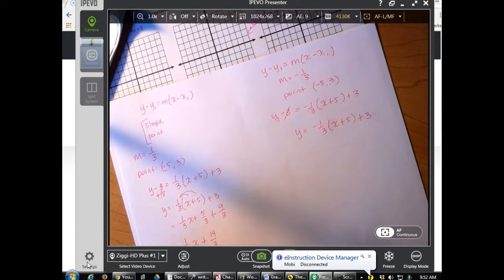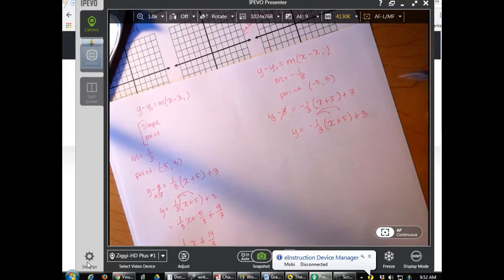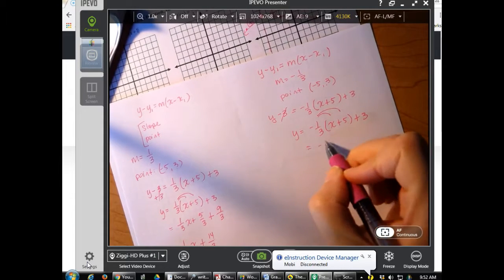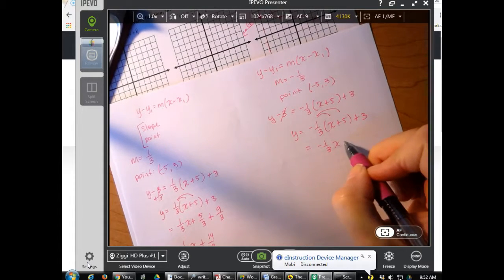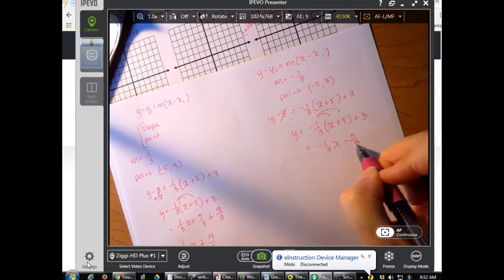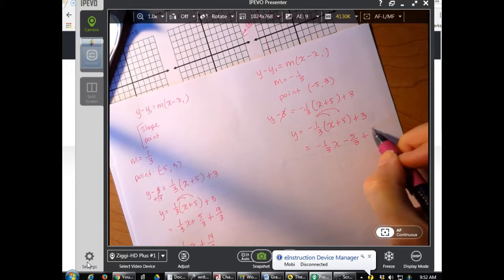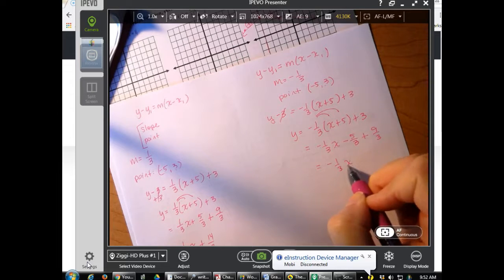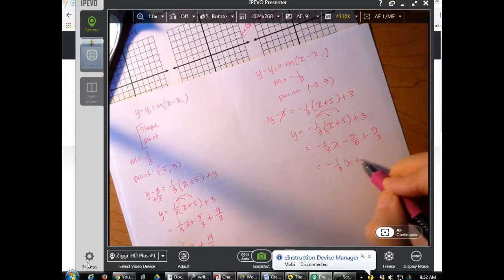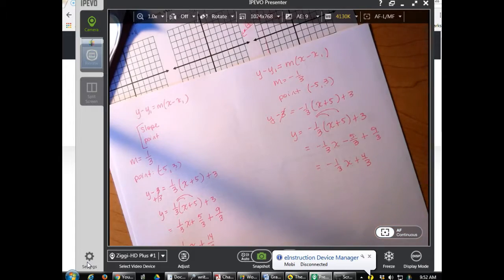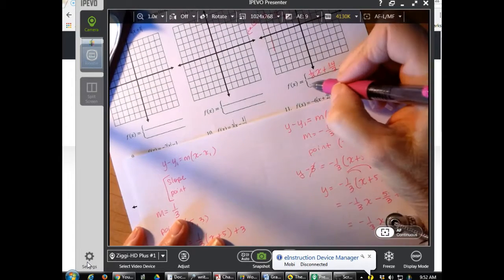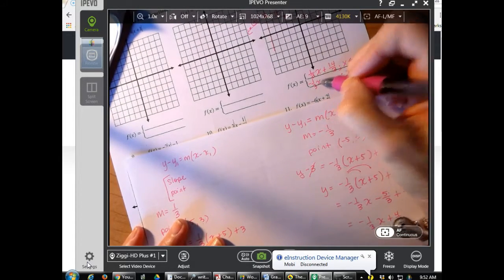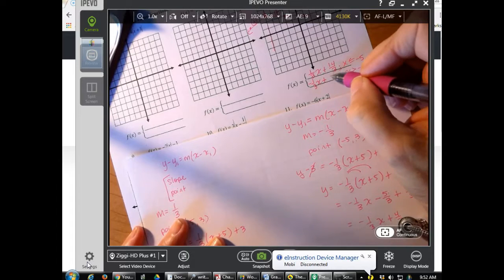It's almost like doing the same thing twice. I'm going to distribute, and when I do that, I get negative 1/3 x minus 5/3. And then it's still the plus 3 or 9/3. So then I get negative 1/3 x, and then 9 minus 5 is 4/3. So that is my equation: negative 1/3 x plus 4/3.